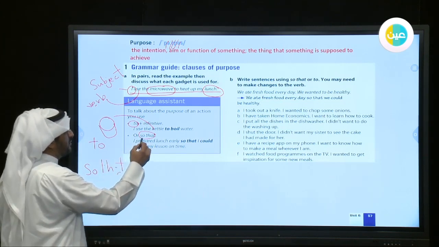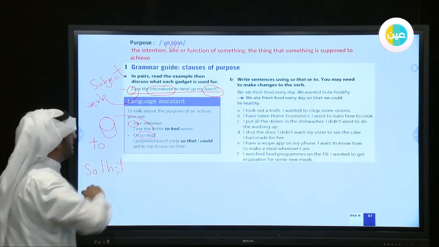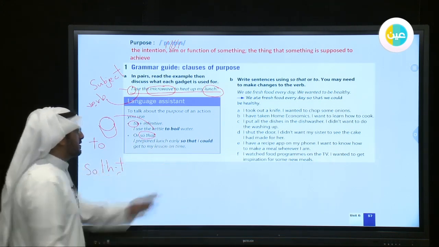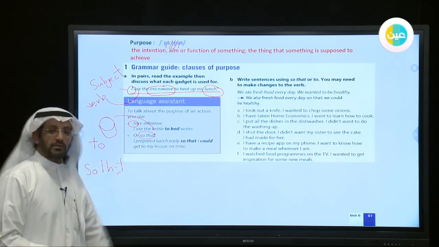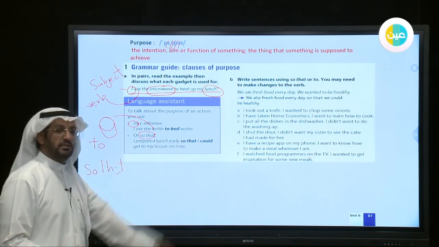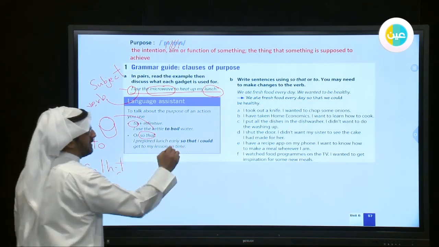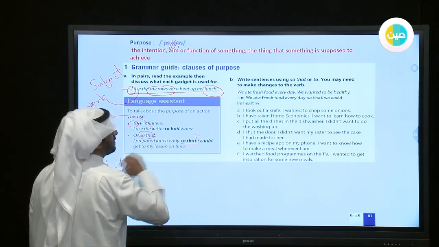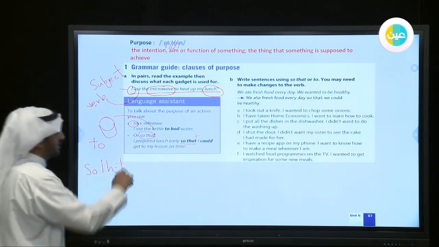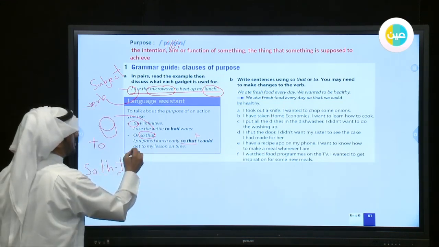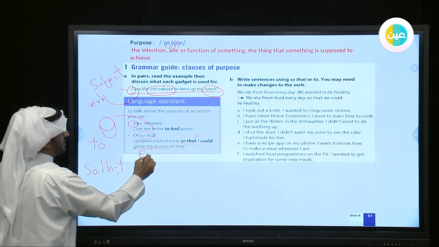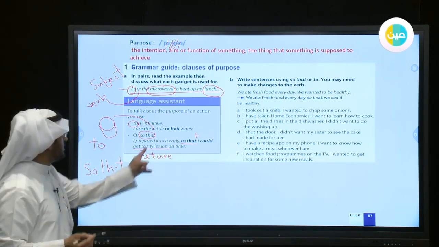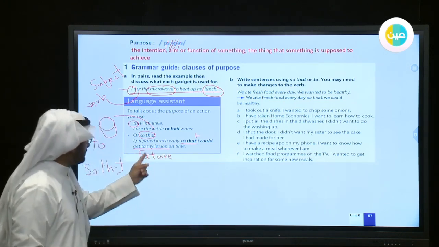So that. I prepared lunch early so that I could get to my lesson on time. Look here: so that plus could plus verb, get to my lesson on time. This is in the future.